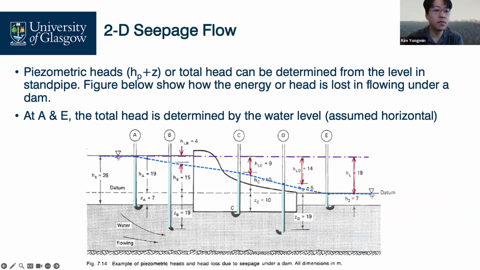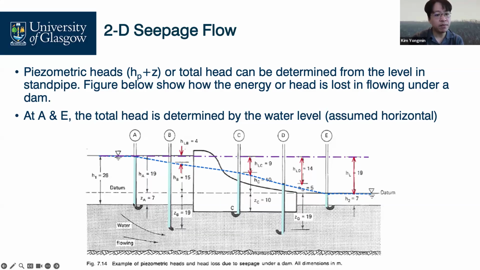So this is the simple configuration of our earth dam. The groundwater flow, the groundwater location is something like that, and then it gradually decreases in depth. Off the top of my head, water flows from left to right.